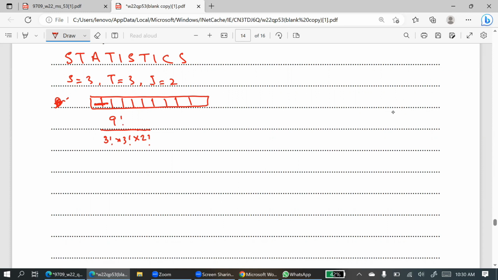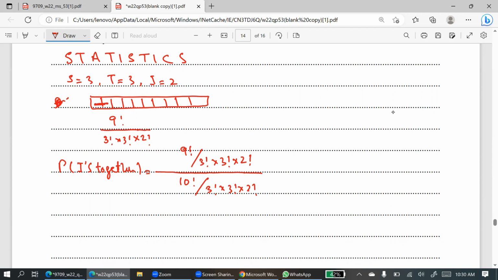Now these are the outcomes in which 2 I's are together. Now the probability that 2 I's are together is equal to the number of arrangements in which 2 I's are together divided by the total number of arrangements. Is there any confusion?